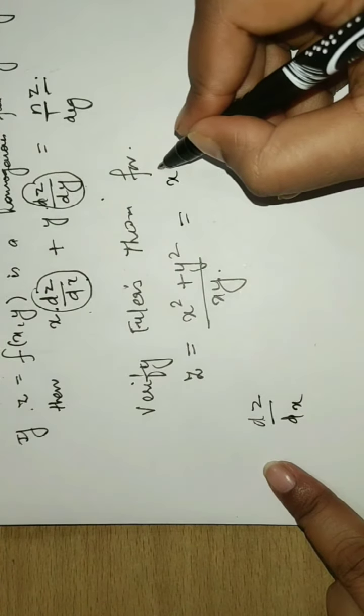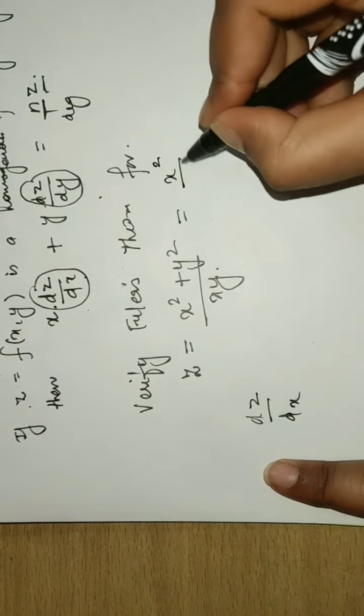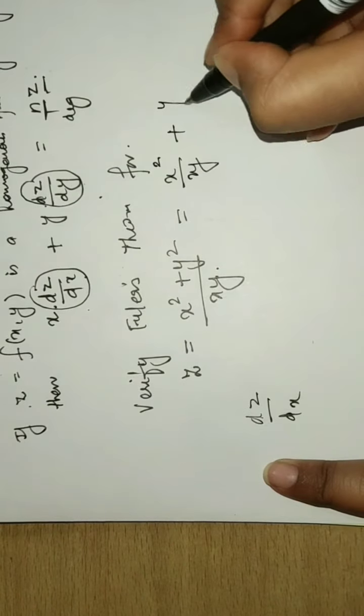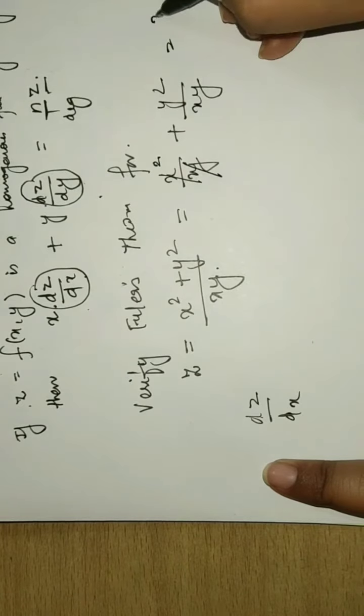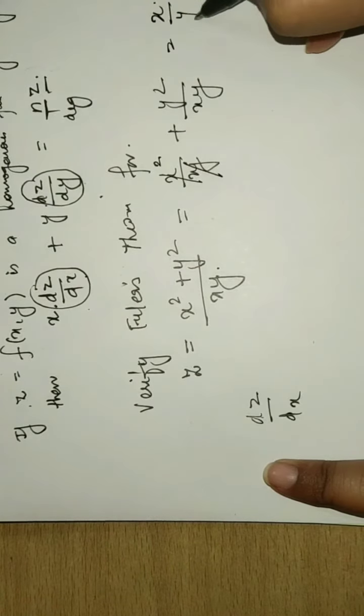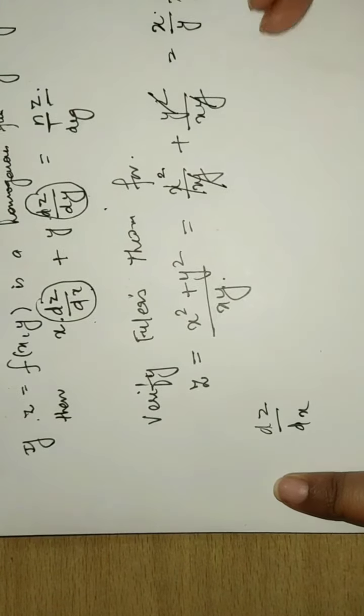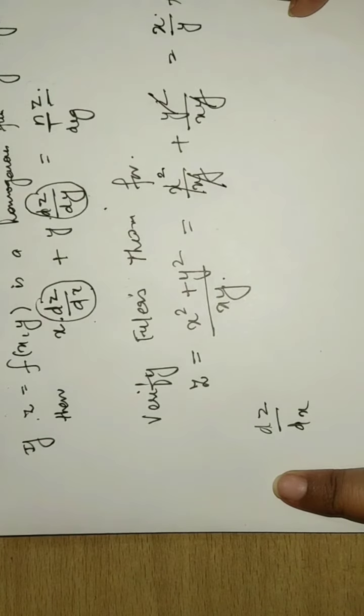We can simplify this as x square by xy plus y square by xy, which is x by y plus y by x.